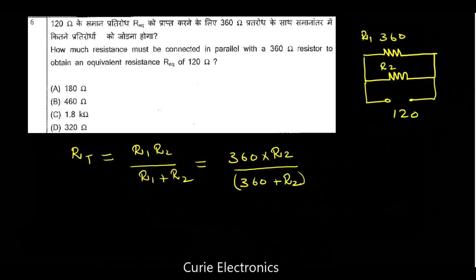RT we know; RT is 120, right? So 120 equals 360 R2 upon 360 plus R2.